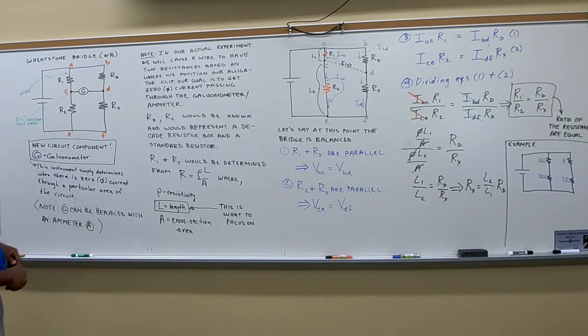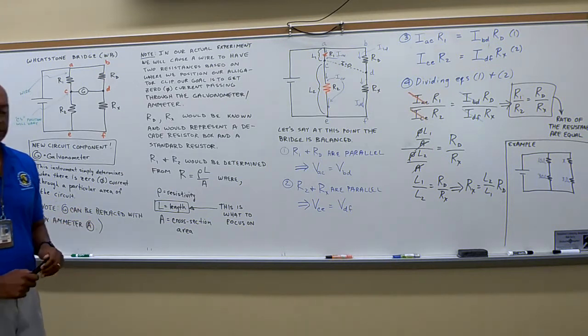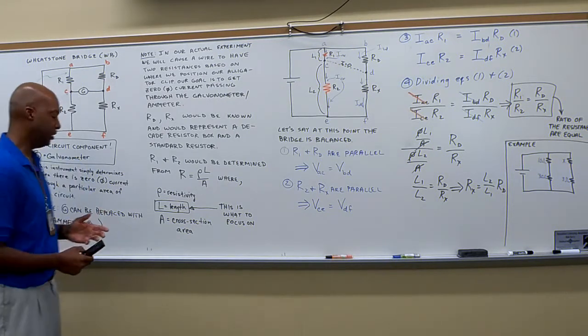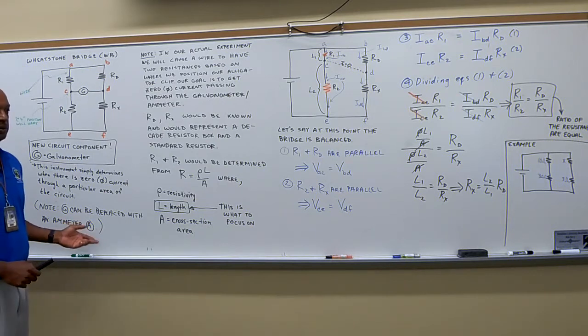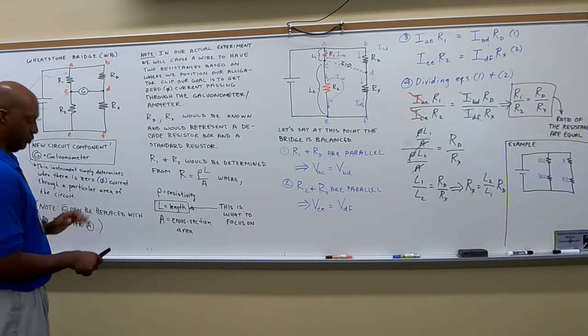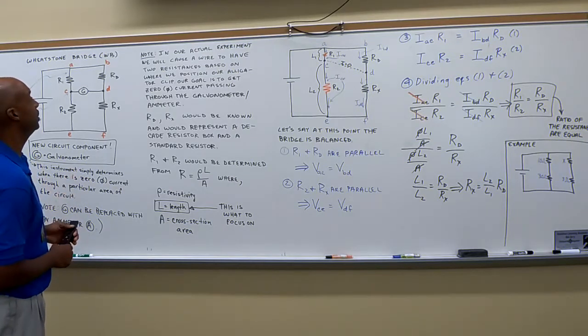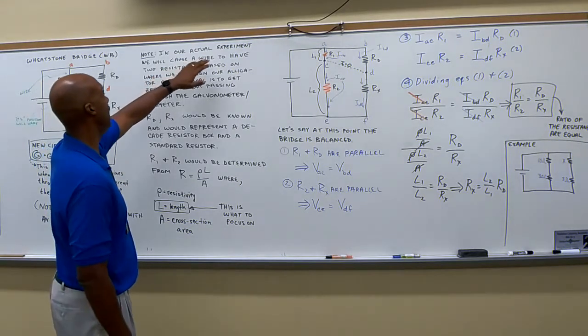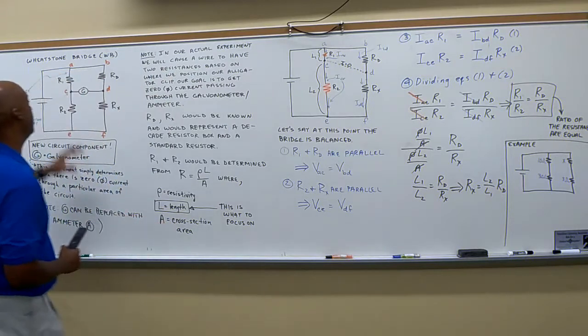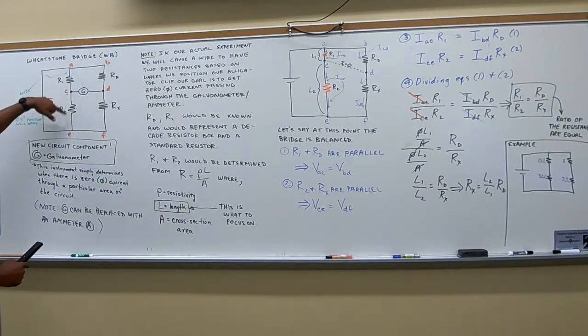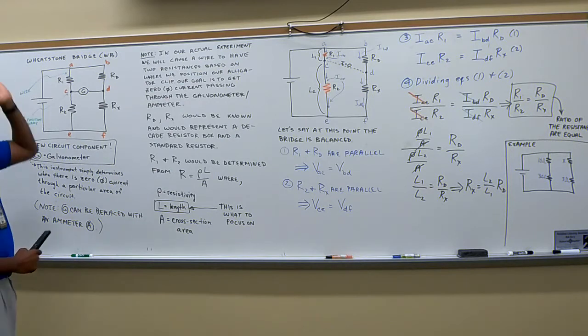So in this situation, we'll use G as the galvanometer, but if you're doing this via simulation, we're just simply going to use an ammeter, which will hopefully show 0. So in our actual experiment, we'll use a wire instead of this looking like two resistors.